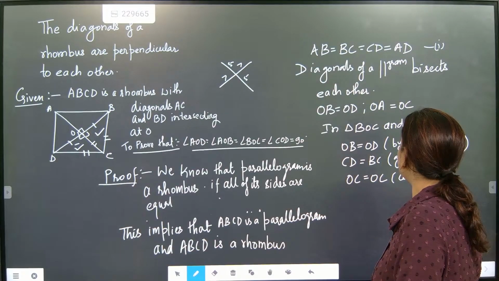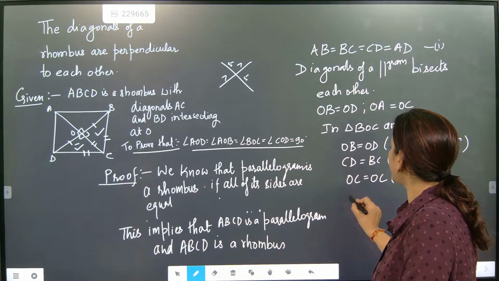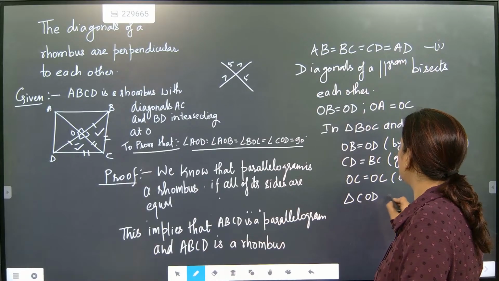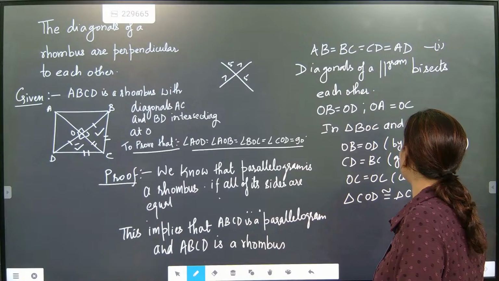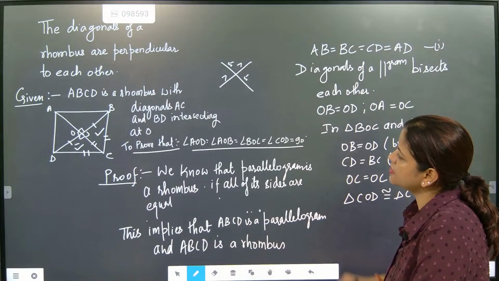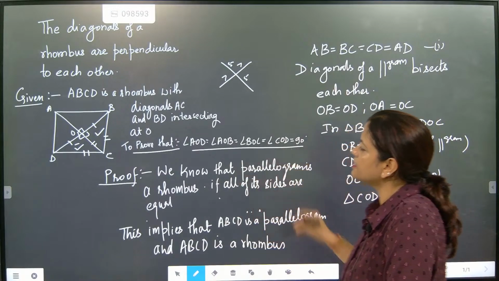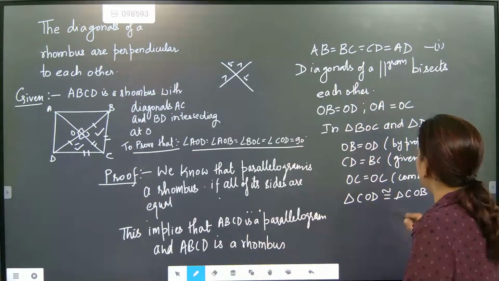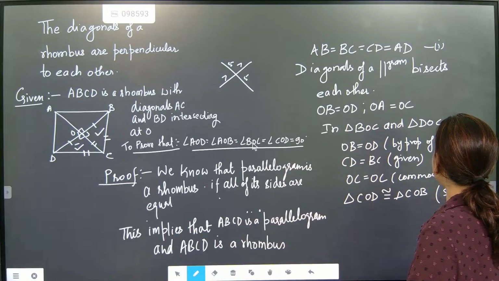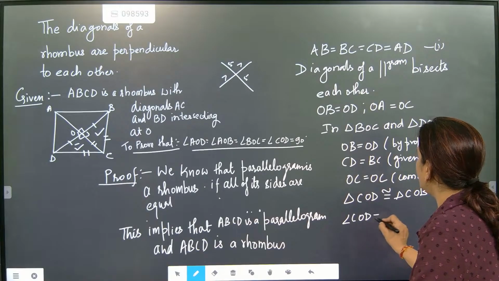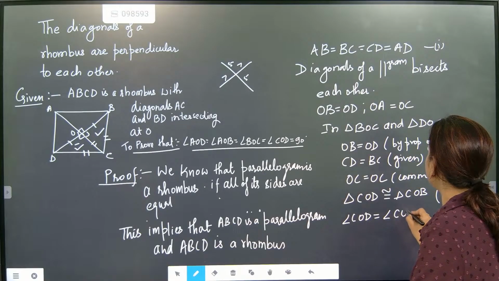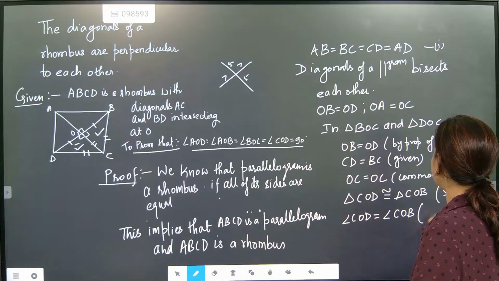So both the triangles are congruent: triangle COD is congruent to triangle COB, by SSS criteria. Then by CPCT we can say angle COD is equal to angle COB.